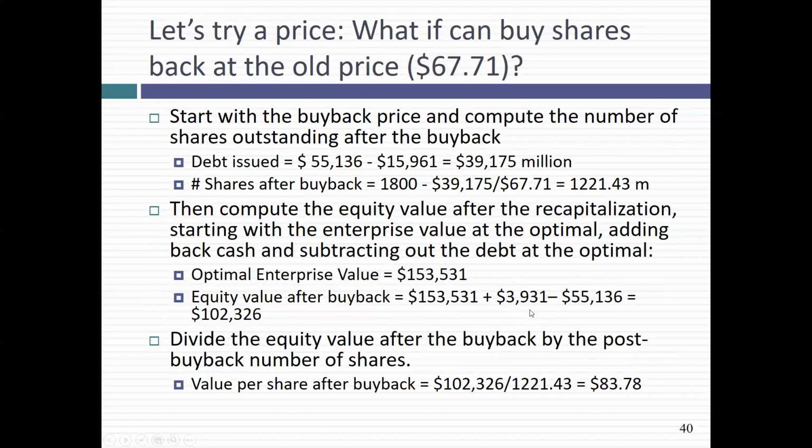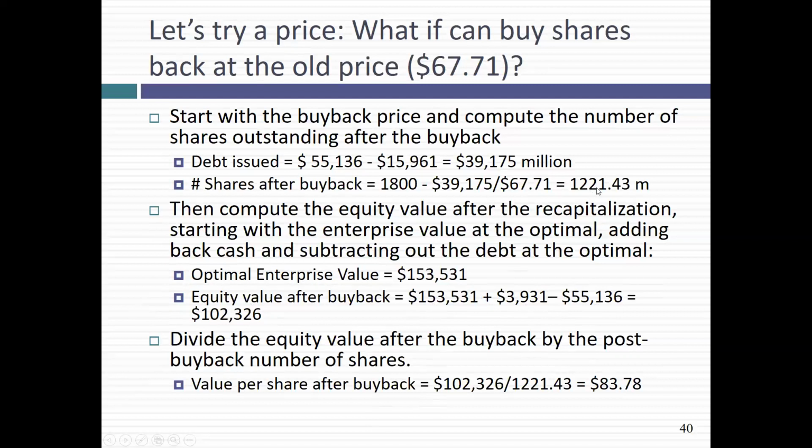So we got the 3,931, and then subtracting off the 55,136, which is our new debt. So this is optimal enterprise value, adding on the cash, subtracting off the new amount of debt, and that's how much value we have in equity.